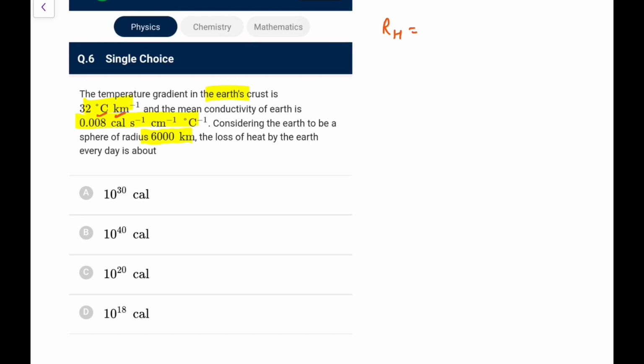We typically write it as 1 upon 4 pi k into 1 upon a minus 1 upon b, where a is the smaller one and b is the larger one, as we typically use.